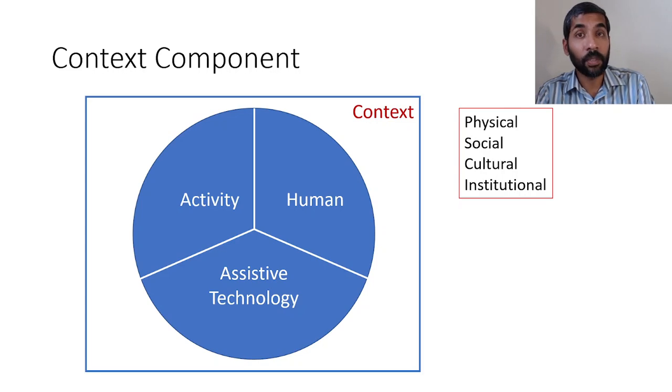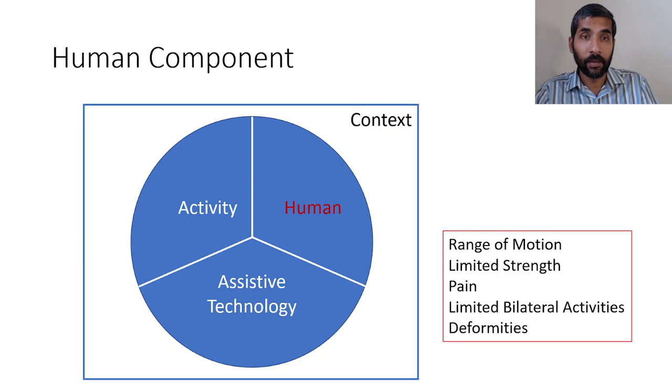Because that would stop people from using these assistive technologies. That's kind of the cultural context. But you could also have the institutional or the physical context, in the sense that, are these assistive technologies easily available in the market? Or do you really have to work very hard to get them? And that creates its own problems, right? So we need to look at the context as well.